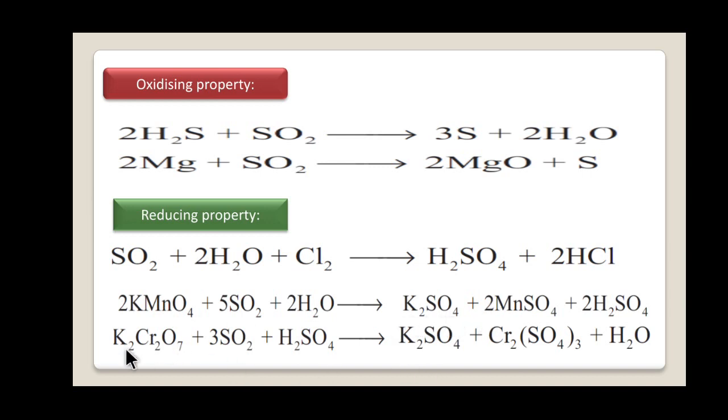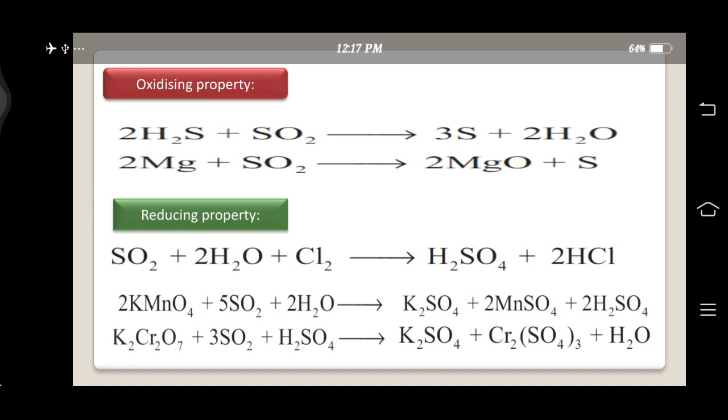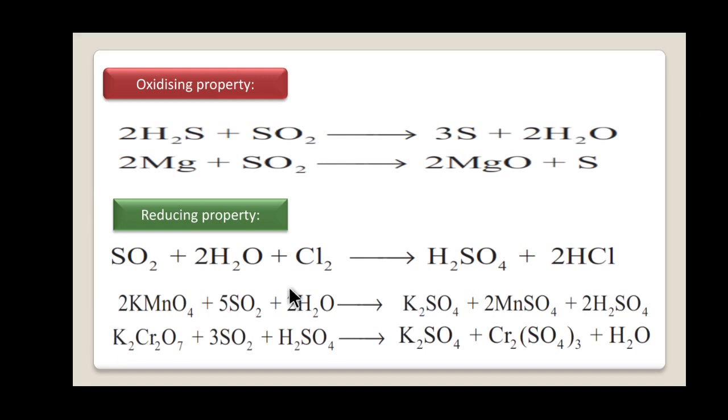Here chromium goes from +6 to +3. So it is a reducing property of sulfur dioxide. It is a compound that can act as both a reducing and an oxidizing agent. Is it clear?